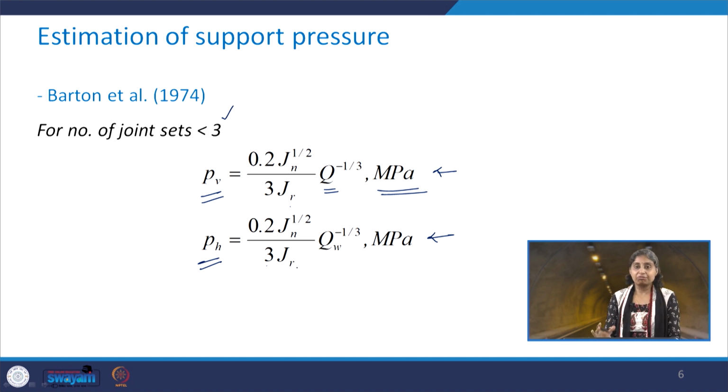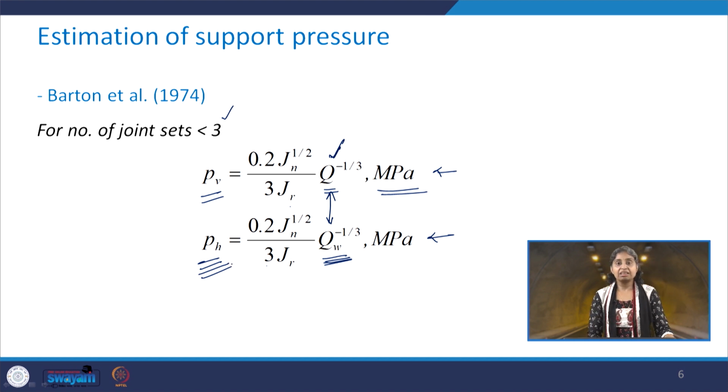So it is not very difficult to remember these two expressions. You see the difference between these two is only that Q is replaced by Qw in the expression for pH.